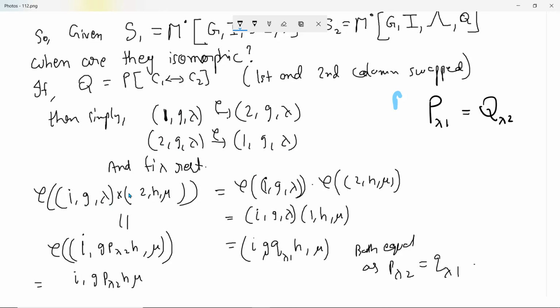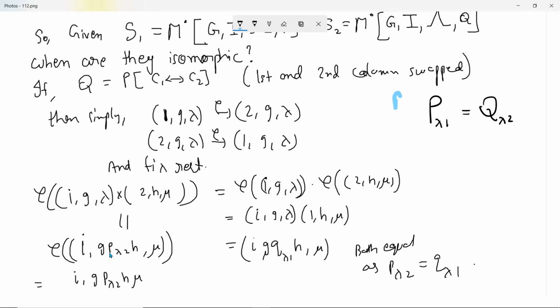Okay, so now if you have two elements (i, g, lambda) and (2, h, mu), then if you multiply them in P first, it will become this. Note that when multiplying them in P, this is P lambda comma 2.